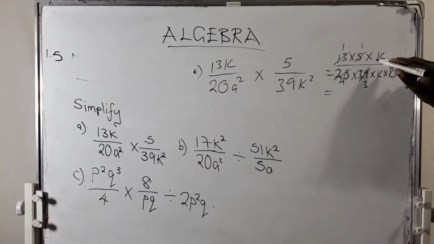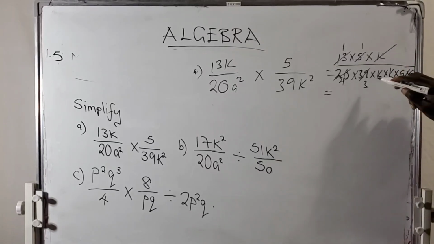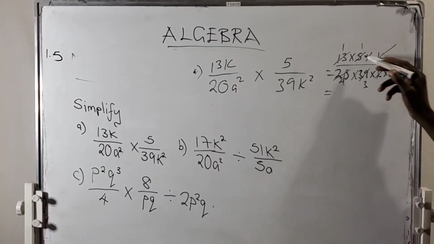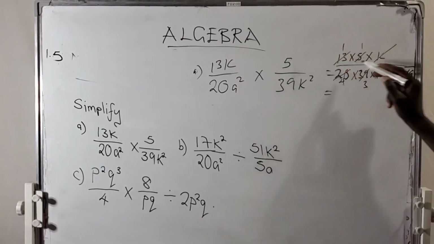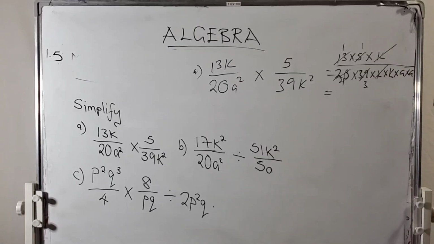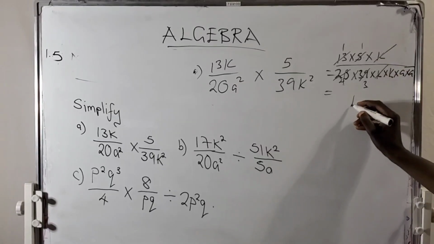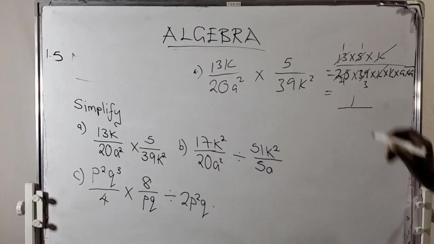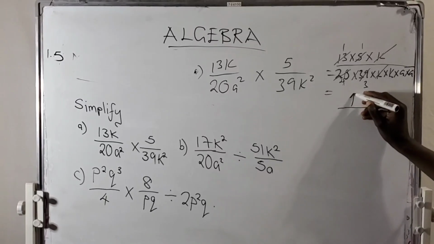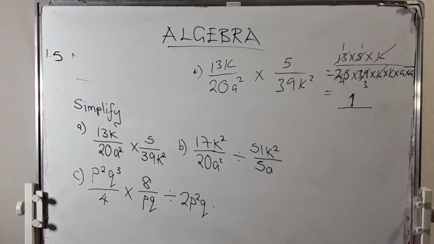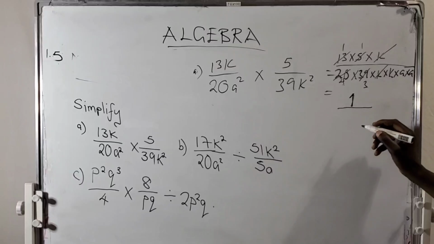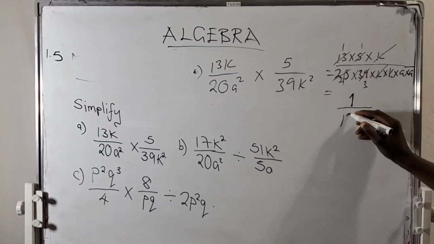Let's go to variables. This k and one of the k's here cancel. In terms of numbers on top, everything is cancelled except 1. So on top we are remaining with 1. Don't make a mistake of ignoring the 1 that is remaining on top. What is 4 times 3? 12.